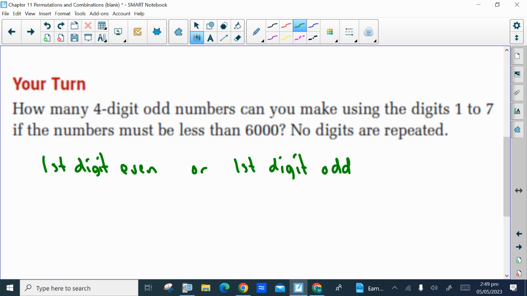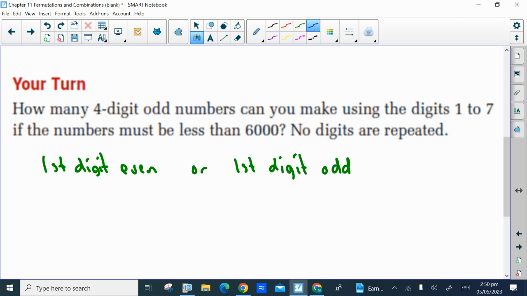Because if the first digit is odd, it's going to affect how many choices we have for the last digit. The 4-digit number has to be odd, which means the last digit must be odd. And if we choose an odd first digit, that's going to affect how many choices we'll have for the last digit. But if we choose an even first digit, then it doesn't affect how many choices we have for the last one.